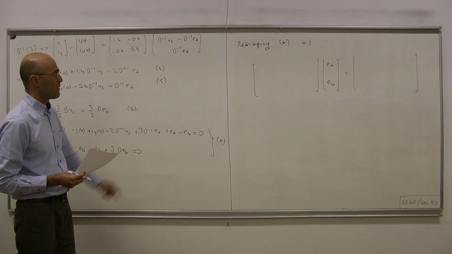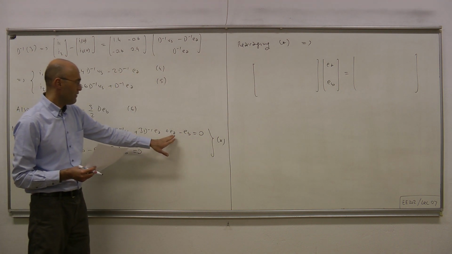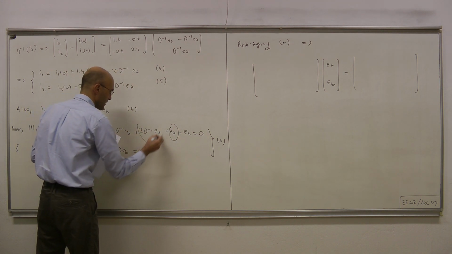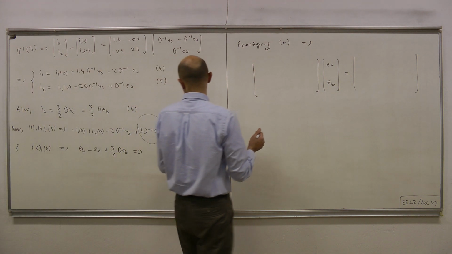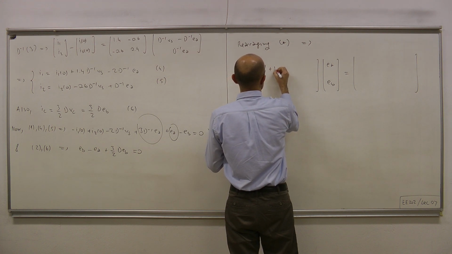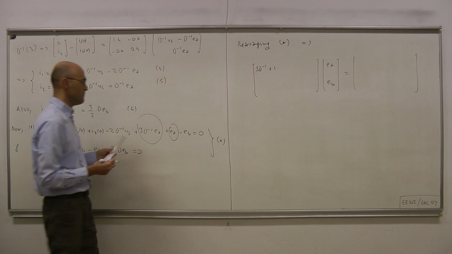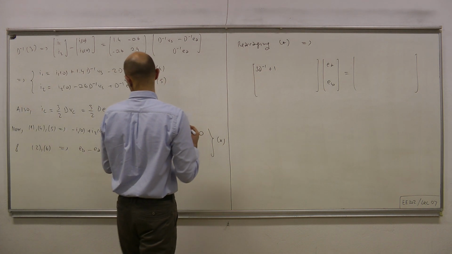Okay, for the first row, let's get the first equation. What we have for Ea terms, we have an Ea term here, and we have another Ea term here, and that's about it. So we combine those two terms and write 3d inverse plus 1 for Ea. How about for Eb? We have this term here, so that's all.